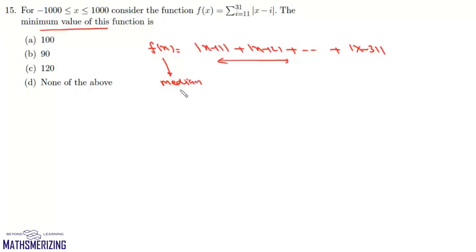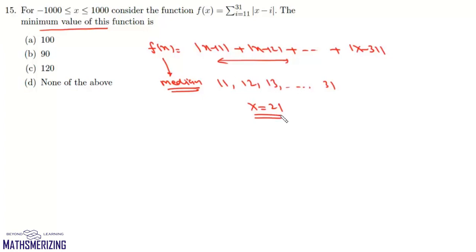So this function will assume its minimum value if we take x to be the median of this series, which is 11, 12, 13 up to 31. Now what is the median of this series? The middle value of this series is simply 21. So this function will assume its minimum value at 21.